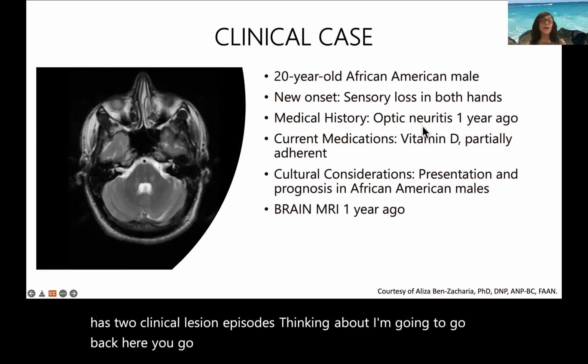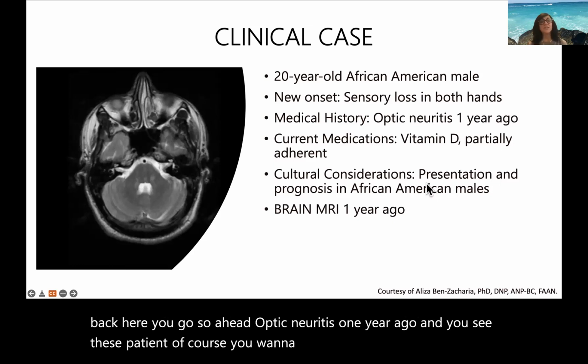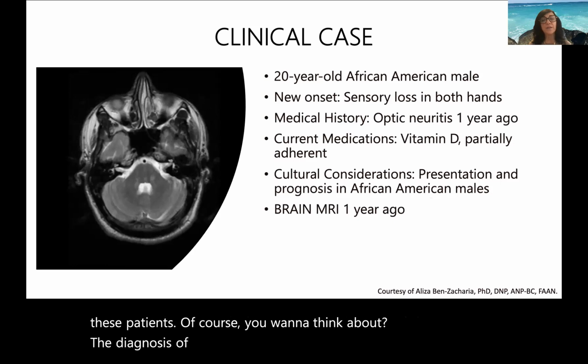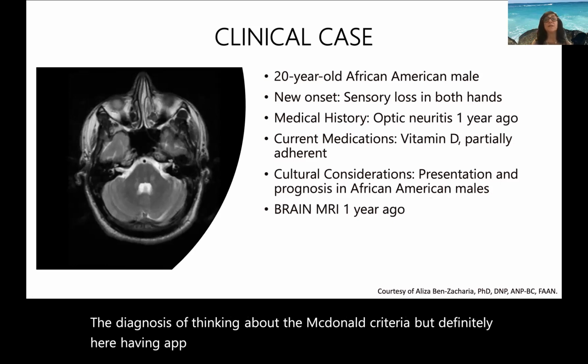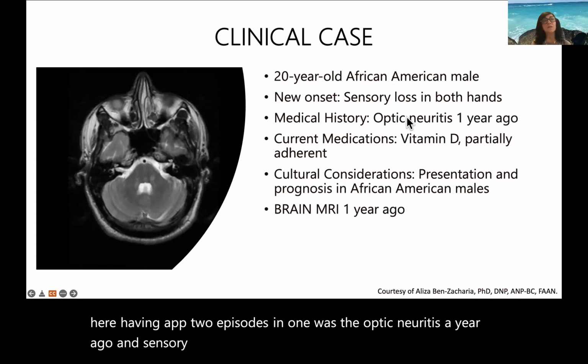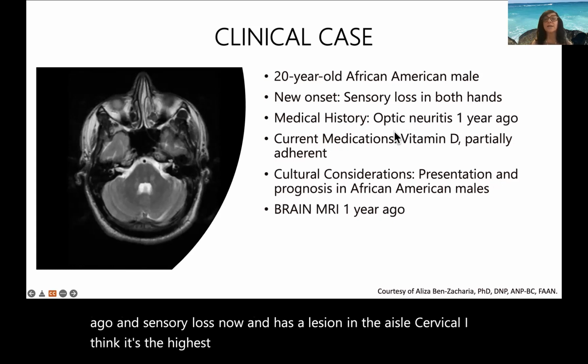So he had optic neuritis 1 year ago, and you see this patient, of course you want to think about the diagnosis and the McDonald criteria. Definitely here there are 2 episodes, one was the optic neuritis a year ago and sensory loss now, and a lesion in the high cervical cord, I'll go back to it in a second.